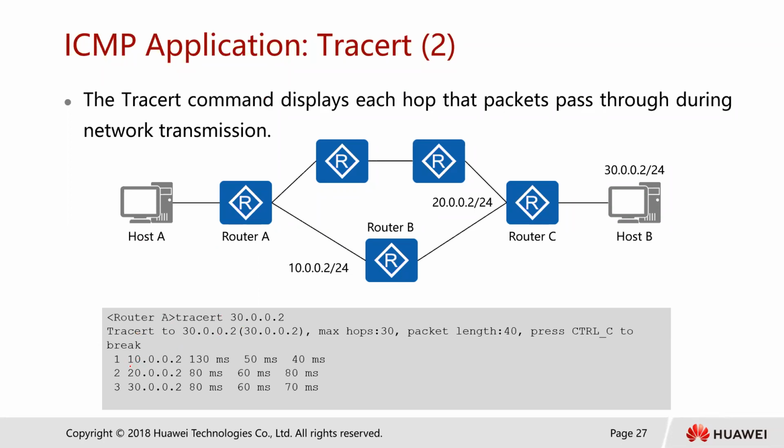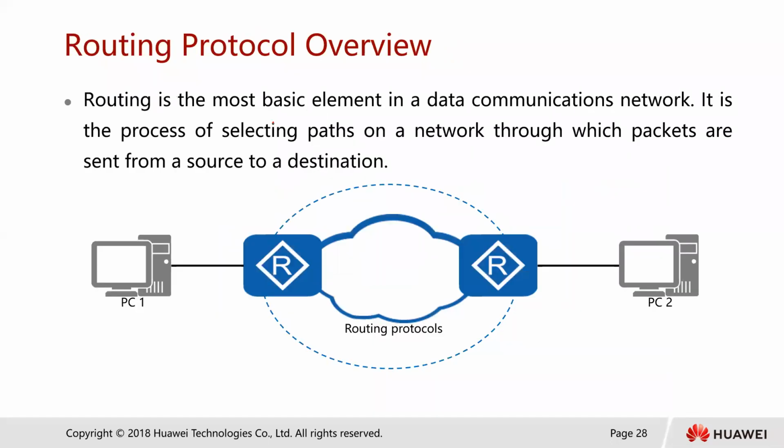It will show that I have gone through this hop, this is the amount of time it took, and it will give you a breakdown of the time it took with the default configured values of trace route to this host here, which is B with an IP of 30.0.0.2 with a /24, and then it will go ahead and calculate and look out the route for you.